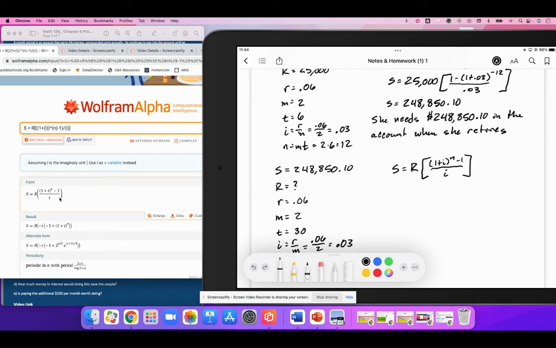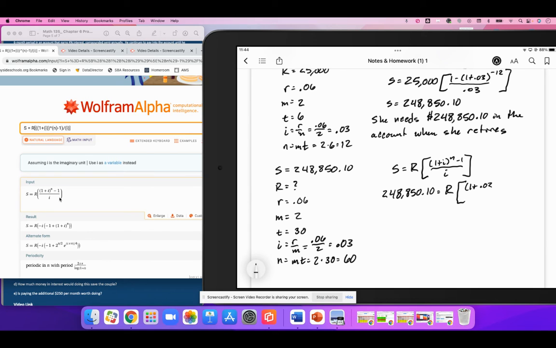You want the S over there on the left, 248,850 and 10 cents equals R times 1 plus I, where I is 0.03, to the power of N, which is 60, minus 1 over 0.03. And so we've got our value 248,850.10.